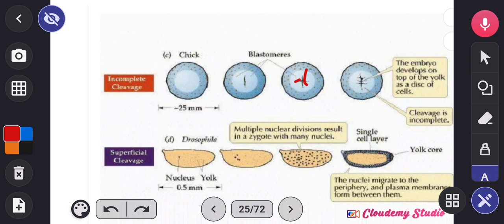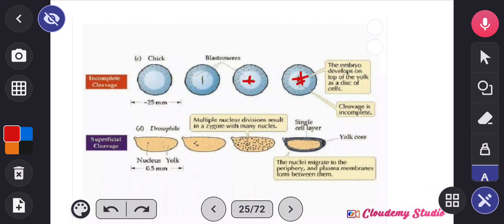So they form this particular cell cluster, and we call it the blastodisc. The embryo develops on top of the yolk as a disc of cells, and that is what we refer to as incomplete cleavage. It happens especially in chickens.